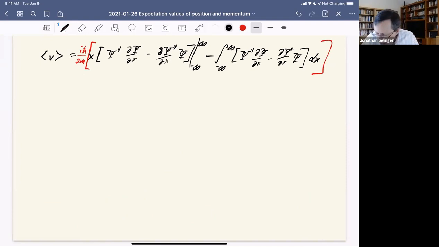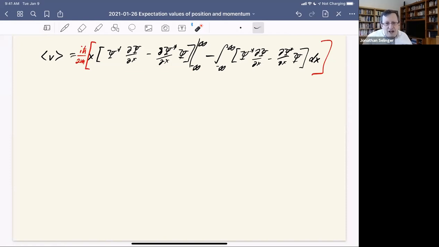Now, let's work with this thing. First of all, let's look at the term in the front right here. We have x times all of this stuff at infinity minus x times all of this stuff at minus infinity. Well, we already talked about the same thing without the x yesterday.